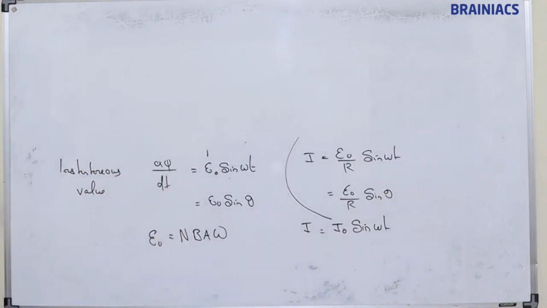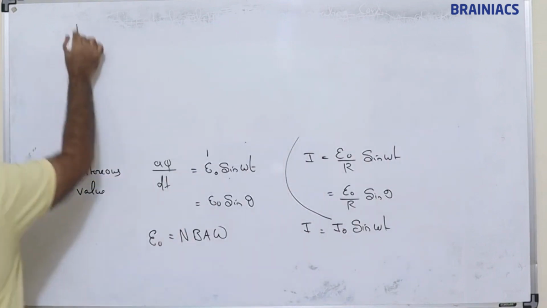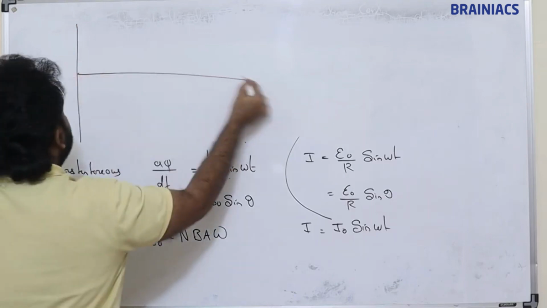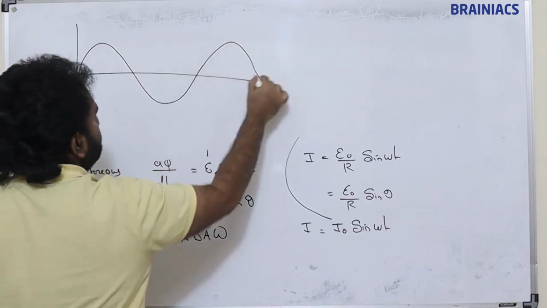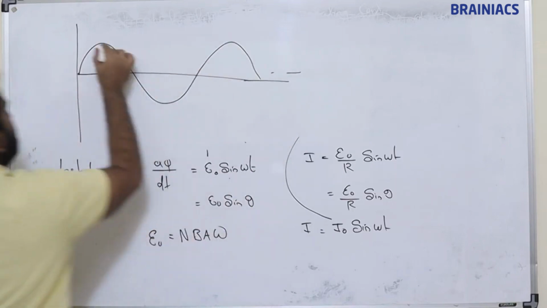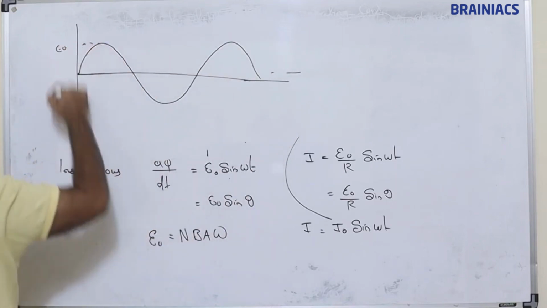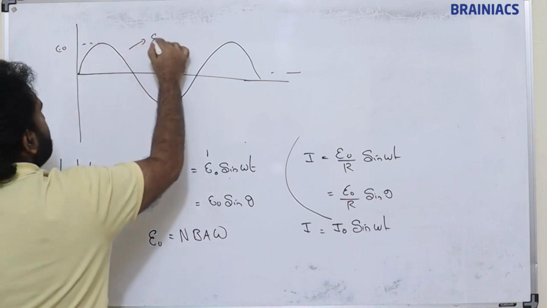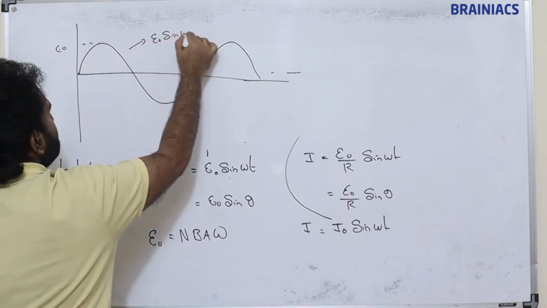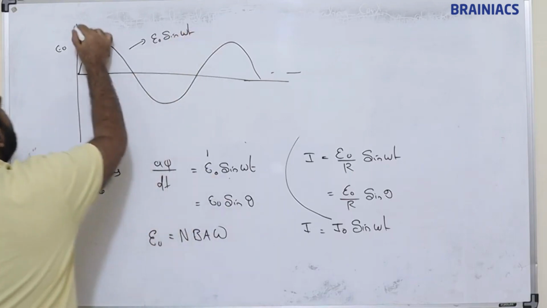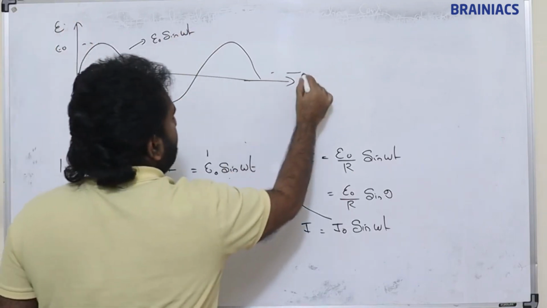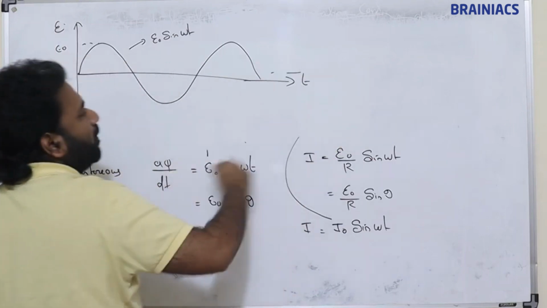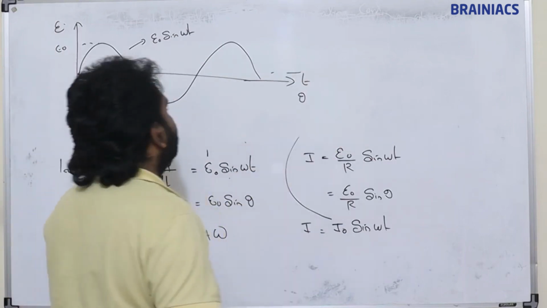Suppose we need to draw this signal. Sinusoidal signal means this is how it is going to be, and this maximum value is E naught. So this signal is nothing but E naught sine omega t. This is the value of EMF, and this axis can be time or angle; theta is also fine.